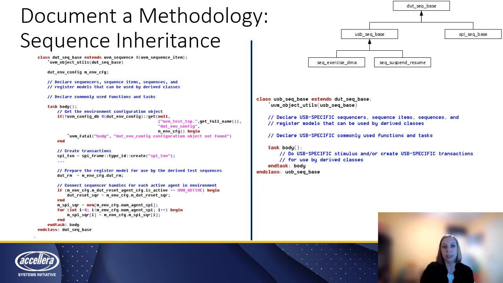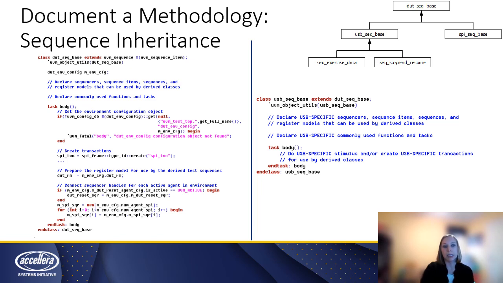The intent is for DUT sequence base, defined on the left here, to serve as a sequence base class in a top-level test bench. It declares elements that might be common to all derived sequences, such as register models and tasks to reset the DUT. Then, when a suite of tests requires components, functions, and tasks that are unique to it and do not belong in DUT sequence base, a derived subsystem-based sequence class, like USB sequence base, could be used.